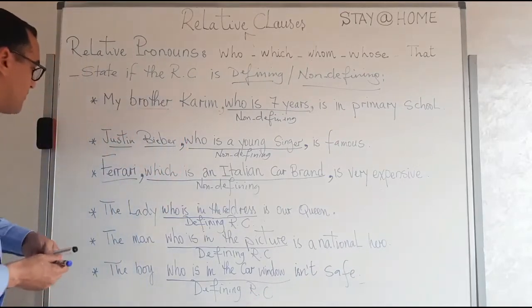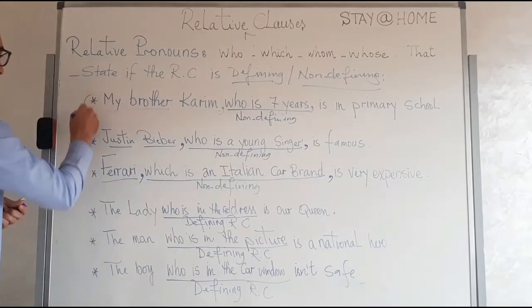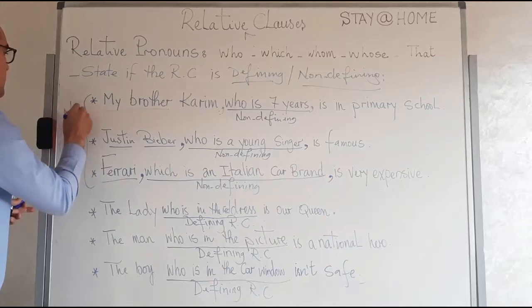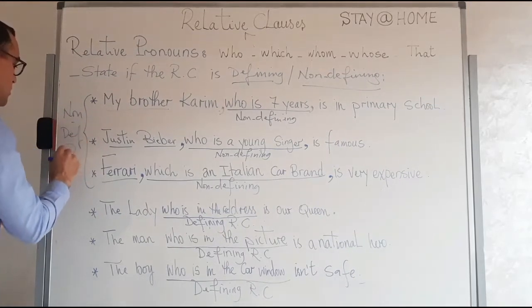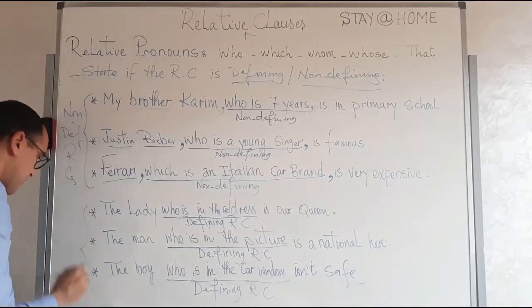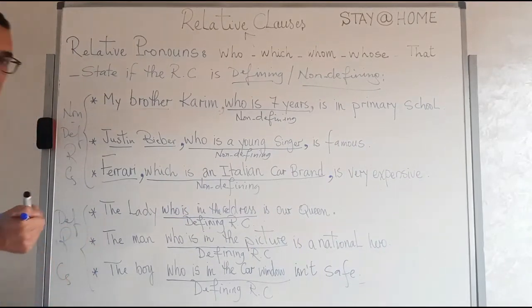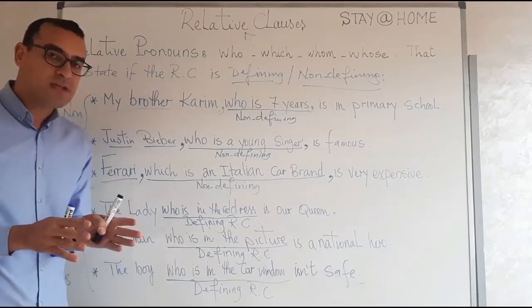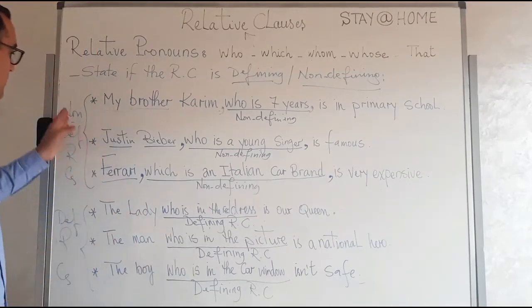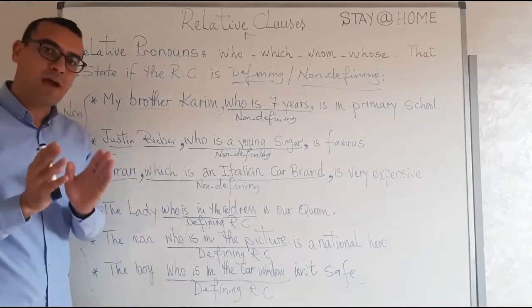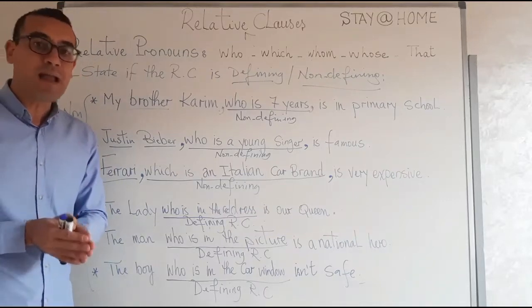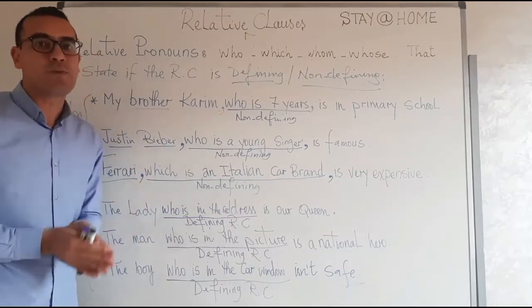So as you can see, we have three non-defining relative clauses, and we have three defining relative clauses. So we can also call them non-restrictive or restrictive. When we call them non-restrictive, it means that they are not important because they do not restrict the person that we are talking about.